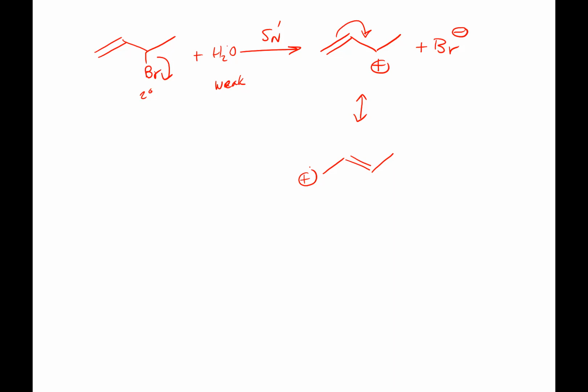We know how to draw that? Maybe we need a review. Again, no heads bobbing one way or another. I guess I'll just make the decision. Let's do a quick review. So writing a resonance hybrid is like writing a transition state. It's going to be the average of the two.